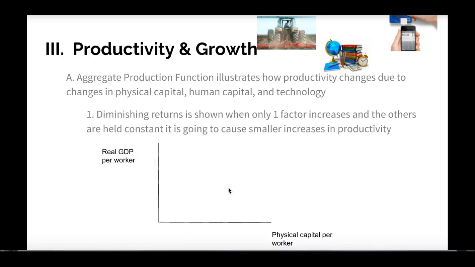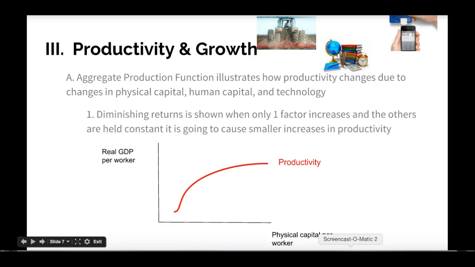But like I said, what happens is that we kind of hit this plateau. So our productivity is actually kind of increasing and then it kind of levels off. Because like I said, you give one group 10 pairs of scissors, and if there's only 4 people in the group, they're not going to have anything to do with all of those scissors, right?